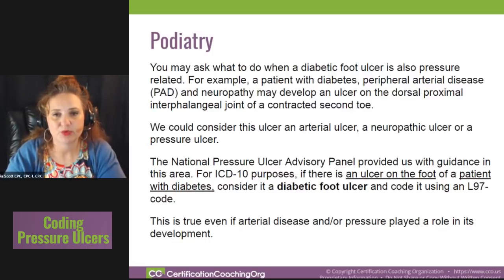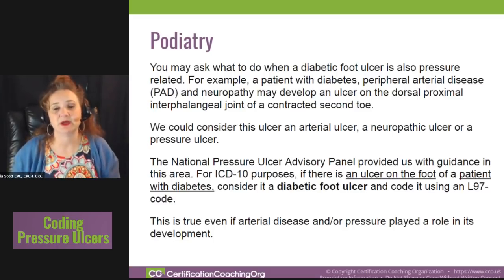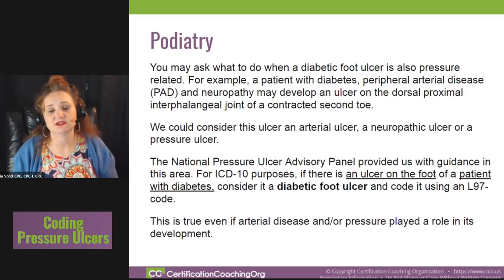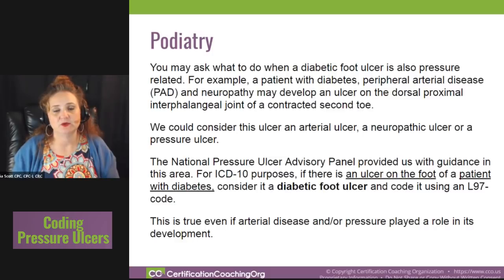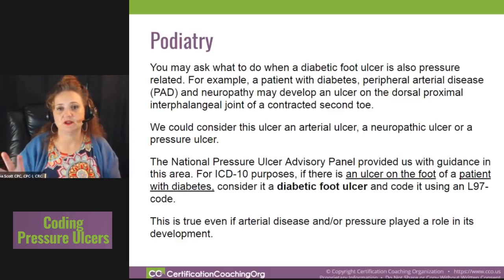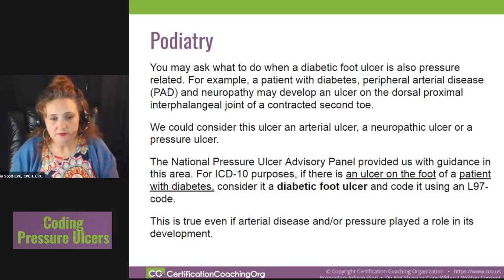Pressure ulcer just makes it worse, so therefore it becomes a diabetic pressure ulcer. And if you have questions about this, then there's a link to show you this advice that comes from the NPUAP, and you can use it to help educate.